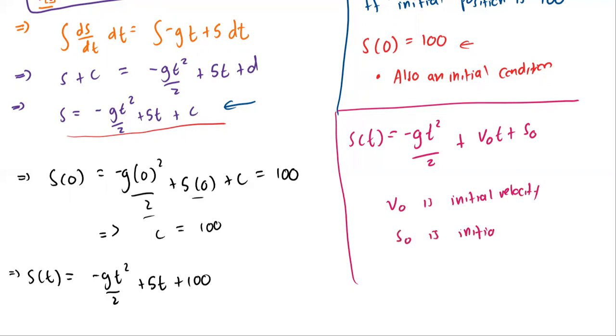So in physics and in Calc 1, you're usually just given this model immediately, and you're not told where it comes from. Here we saw precisely how to come up with this position function that models the motion of that object as it's falling. So now you can see the power of differential equations.